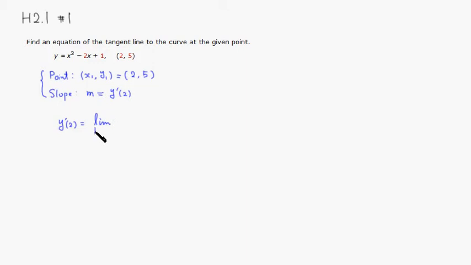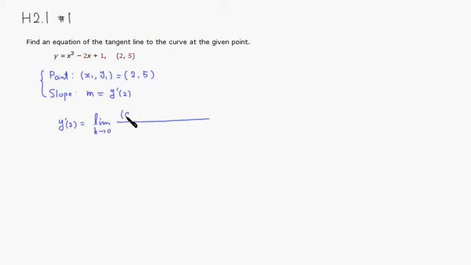as h approaches 0. I'm using the first definition, so f of 2 plus h. Every time we see x, we're going to put 2 plus h.